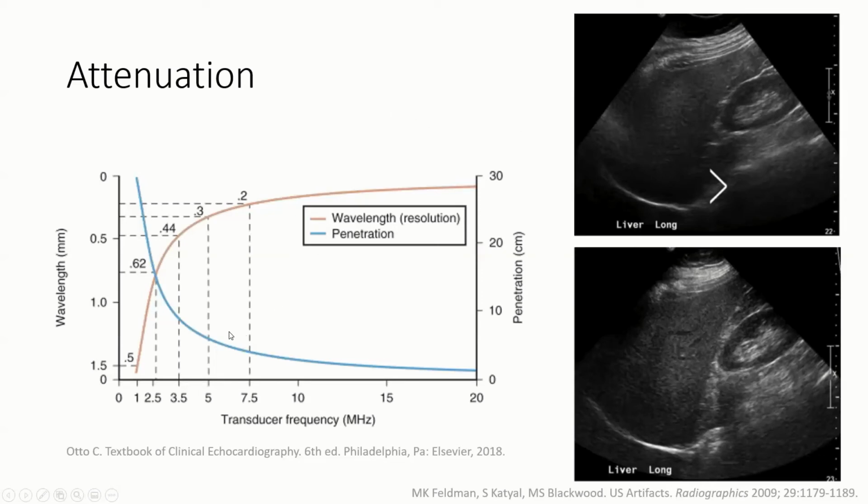So this is a well-known graph. When we increase the frequency, we have better resolution, but at the same time penetration is poor. It's a trade-off. Usually, a linear or vascular probe goes up to 15 megahertz. On the other hand, an abdominal, sector, or cardiac probe has 1 or 2 to 5.